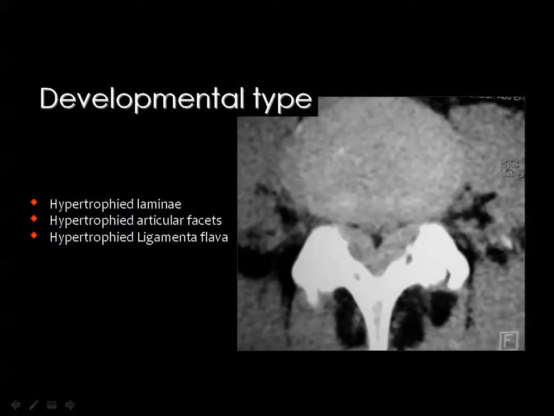The second type is known as the developmental spinal canal stenosis. In this type, if you measure the diameter of the spinal canal, it may be within normal. But if you look carefully inside the spinal canal, you can see that the thecal sac is markedly compressed and flattened because the spinal canal is narrow.